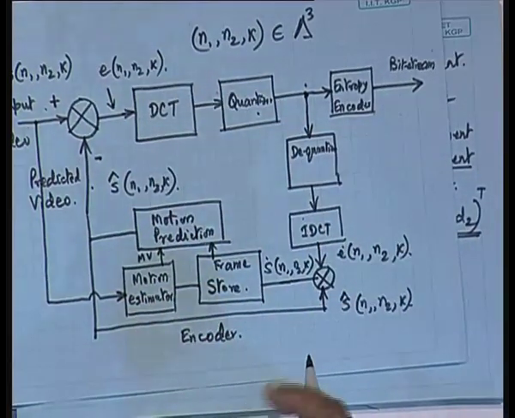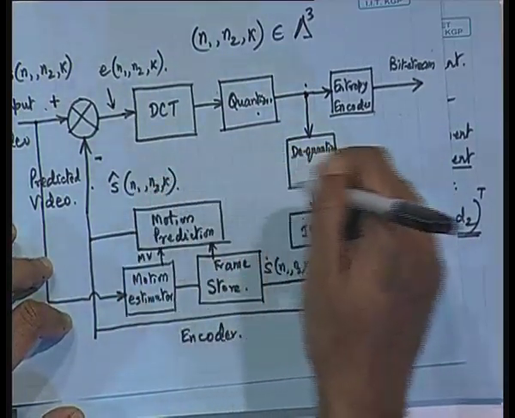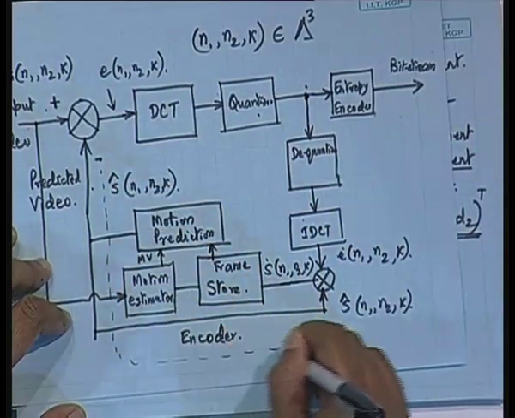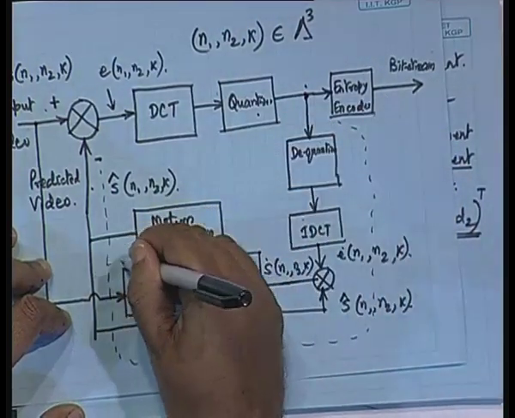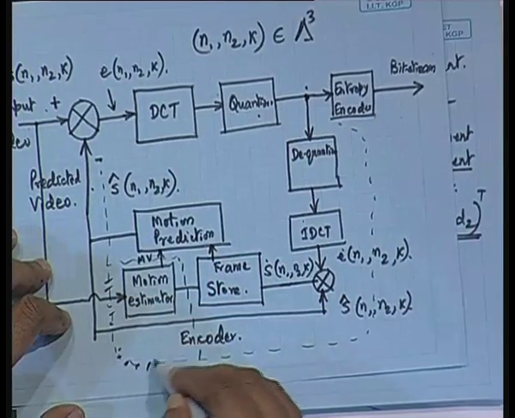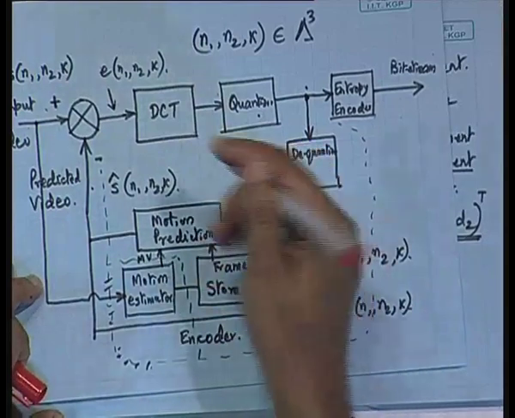Now, this is the encoder part. Take out this part and let me draw it in a different color.